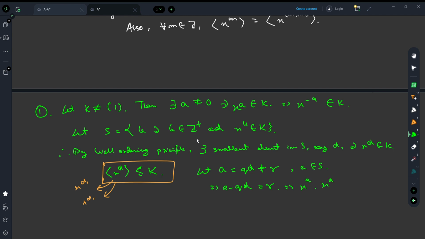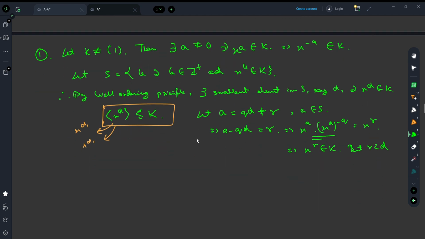So this implies x to the power a times x to the power d to the power minus q is equal to x to the power r. This is obvious. But x to the power a is in K because a is an element from S, and x to the power d is in K. That's also given. So the left hand side is in K, which implies x to the power r is in K. But r is less than d.